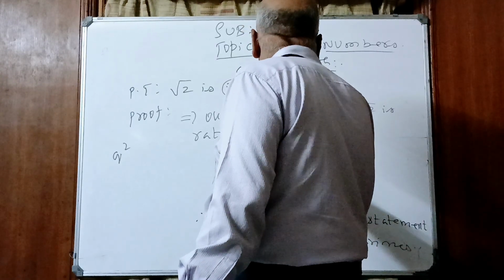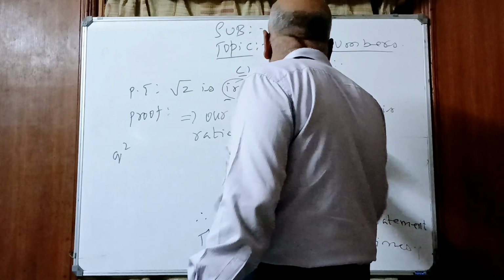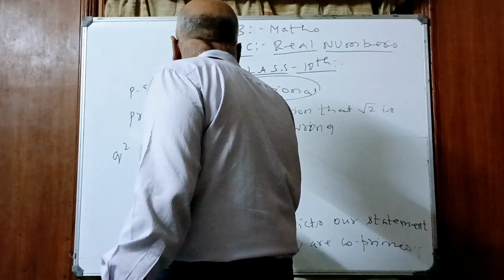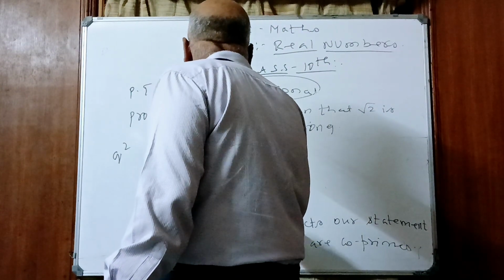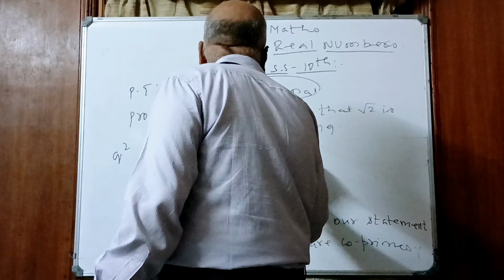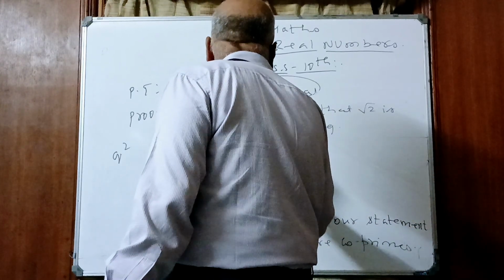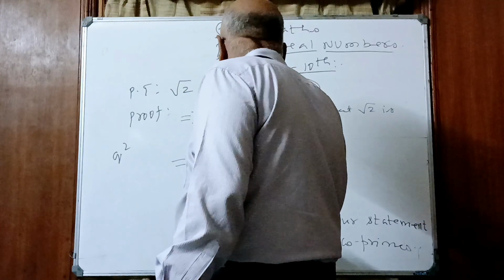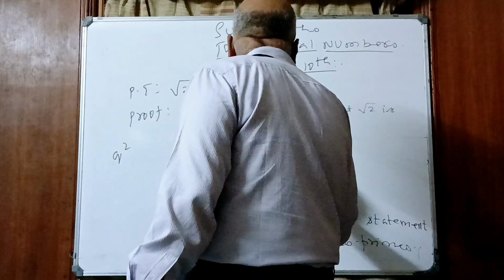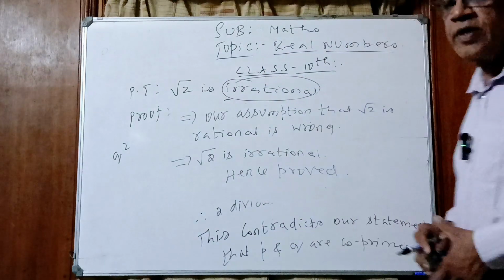Rational is wrong. This implies that root 2 is irrational. Hence proved. That's all, children. That's all.